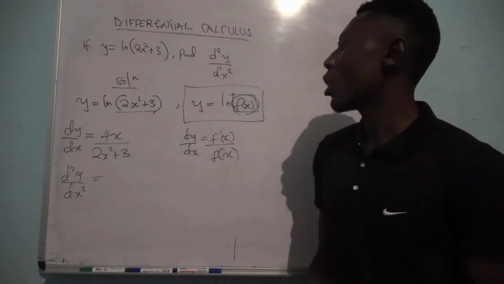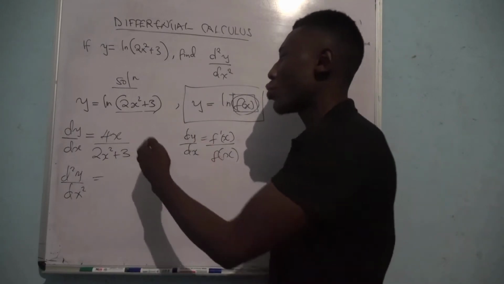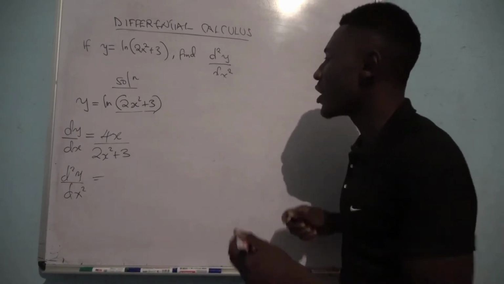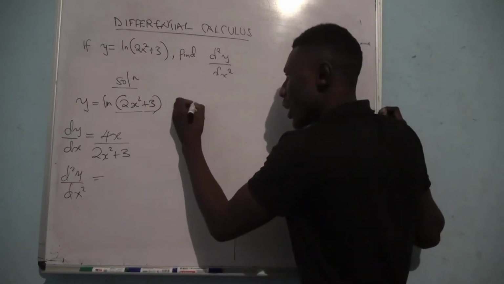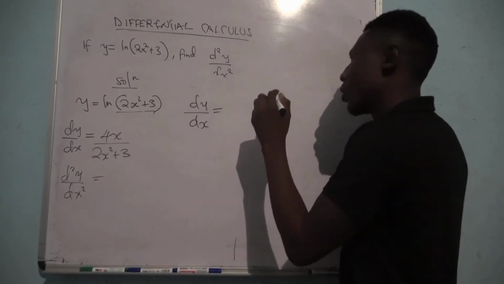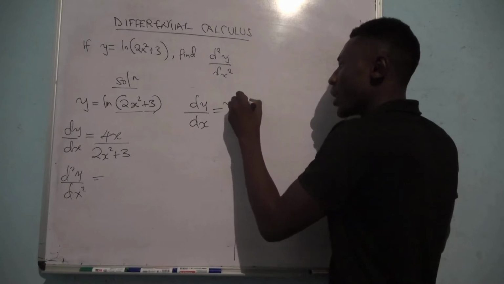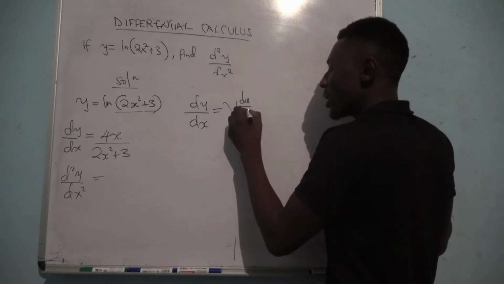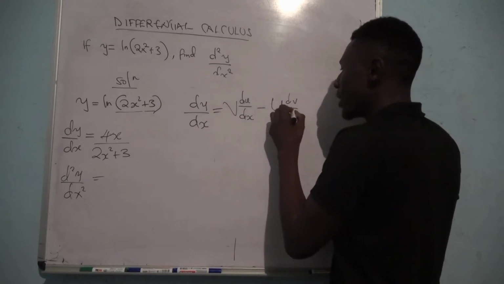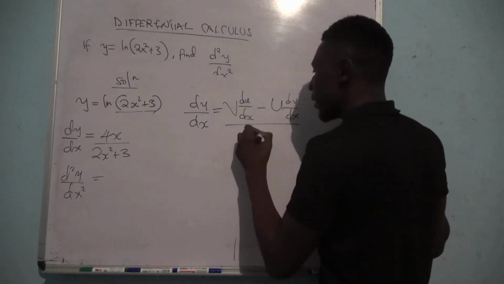So we are going to use the quotient rule to find the second gradient function. The quotient rule says: v du over dx minus u dv over dx, divided by v squared.